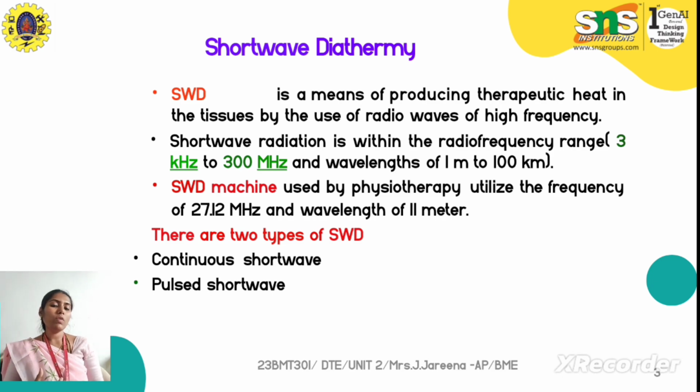Or if you give the radio frequency wave in an interrupted manner, in a ratio like 1 to 2 or 2 to 3, then you have a pulsed effect. A heating effect, then a cooling effect, then a heating effect again: this train of heating happens in pulsed shortwave.